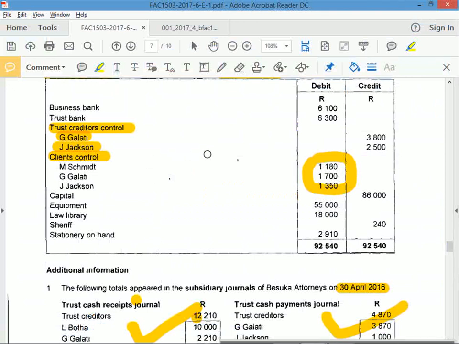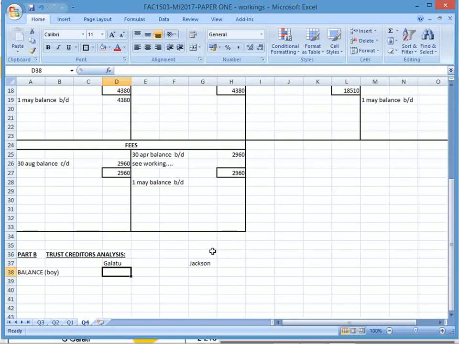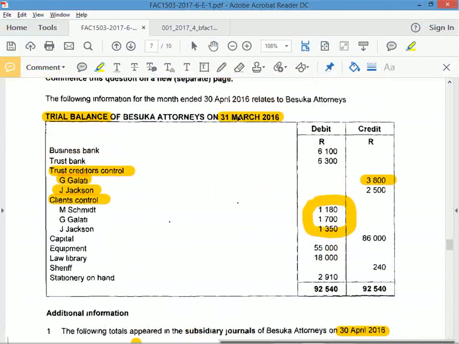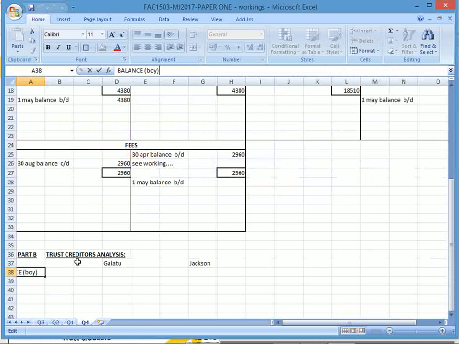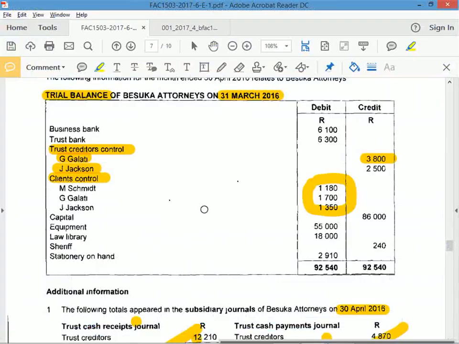Let's go back and check. G started with 3,000. She wrote balance BOY. Yeah, beginning of the year. I thought it was a mistake. No, beginning of the year. Beginning of the year was 31st of March. BOY is beginning of the year, which is 1st of April. Beginning of the year, end of the year. So what did G start with?